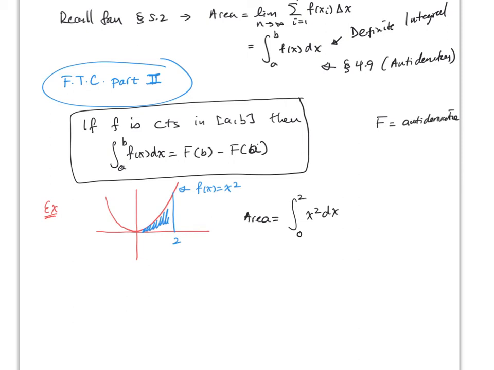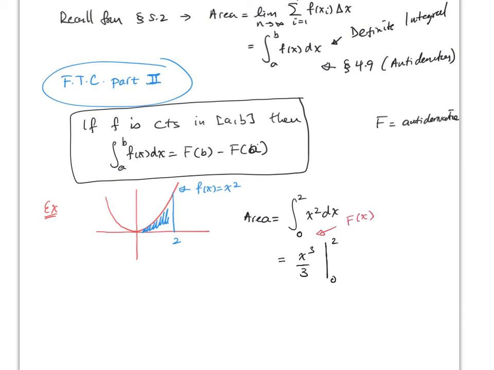So what we had to do is find the antiderivative, which we know how to do from section 4.9. So this will be x cubed over 3, and the limits are from 0 to 2. Whenever you do a definite integral, there is no need for a plus C or the constant. In this case, this is the antiderivative.